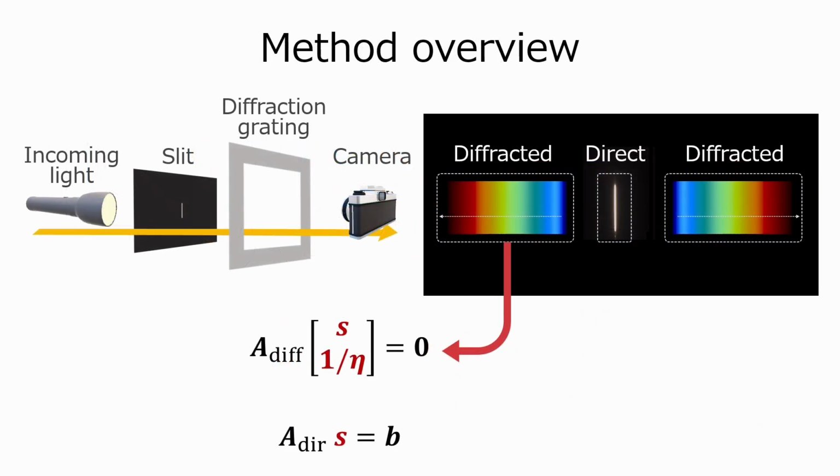In summary, the observation of diffracted light provides homogeneous constraints, while the direct light observation provides inhomogeneous constraints, and combining them all together, both the unknown diffraction grating efficiency and the spectral sensitivity can be solved linearly.